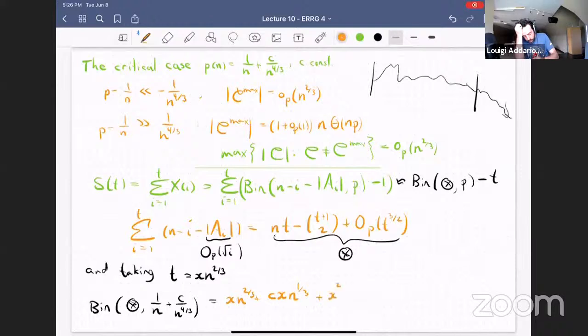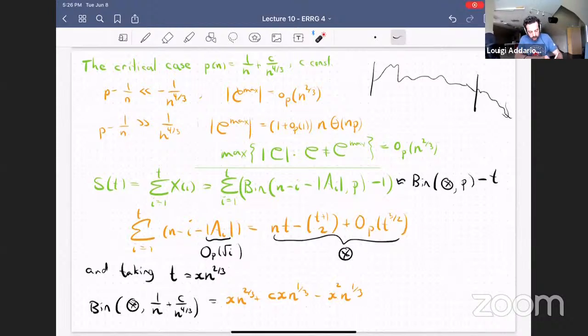So x squared, or rather minus x squared n to the 3rd. Okay. And then t choose 2, this term is just going to give us a lower order term, right? Because this t squared is order n to the 4/3, and we're dividing by n to the 4/3. So that's lower order. And everything that comes from this t to the 3/2 is lower order.